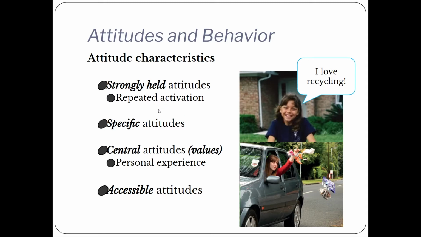Even though I might be slightly antagonistic toward a Duke basketball fan, I would have a positive attitude toward a Duke psychology researcher, right? So the more specific an attitude is, the better it is at predicting a specific behavior. General attitudes won't do as well as specific attitudes.